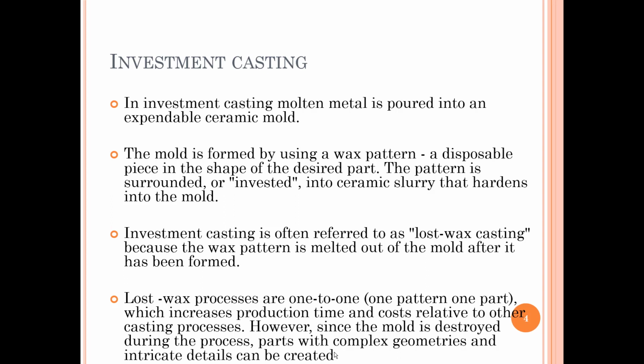Investment casting is often referred to as lost wax casting because the wax pattern is melted out of the mold after it has been formed. Lost wax patterns are one to one, which increases production time and cost relative to other casting processes. However, since the mold is destroyed during the process, parts with complex geometries and intricate details can be created.